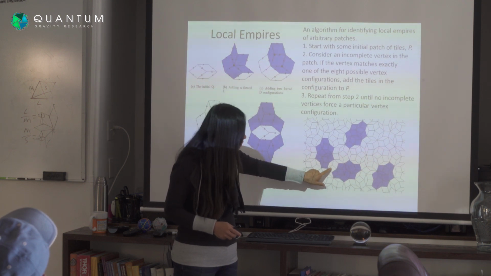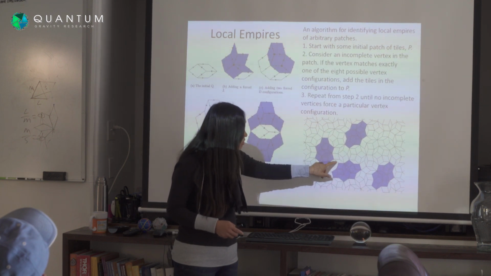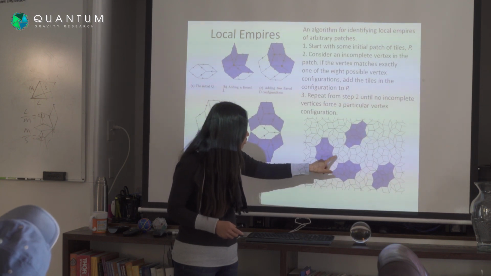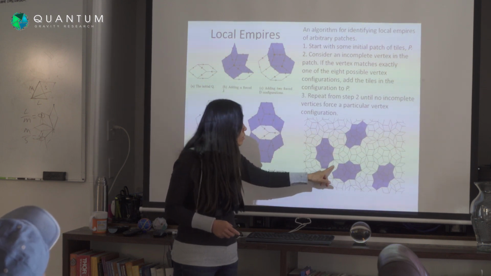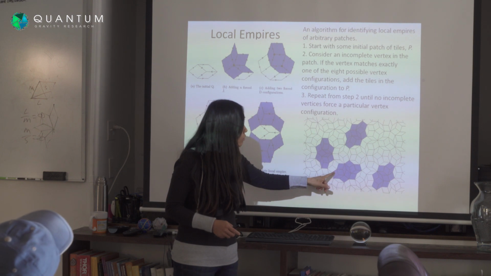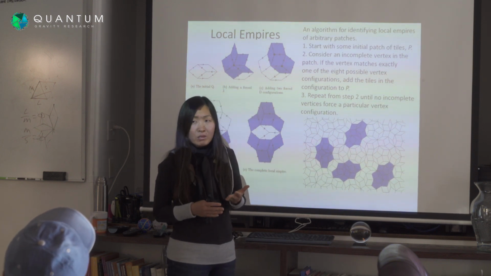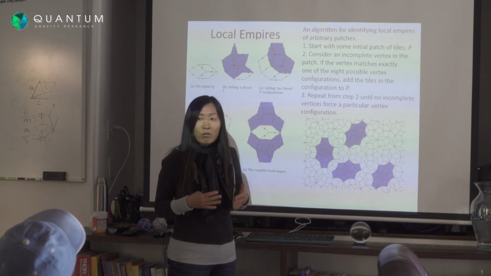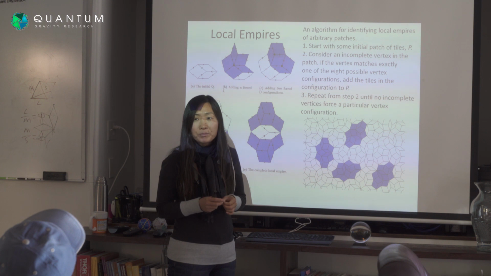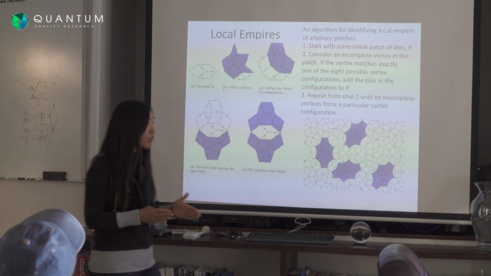For example, this one can be flipped, and then here you can have either this type or that type. Once you have this tile, you cannot really decide what its neighbor would be. It's not one option; it will have various different options. So you cannot force any tile to be there. It has to have only one option to force.